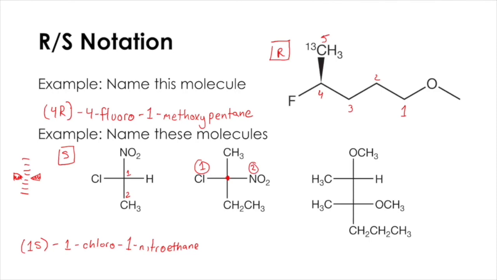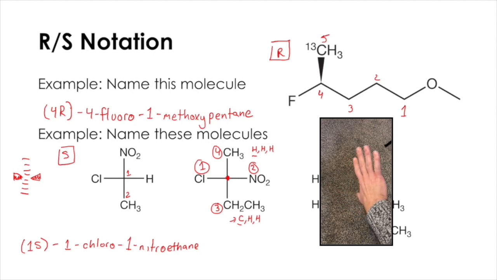nitrogen is 2, and now between methyl and ethyl, the first carbon has 3 hydrogens attached. The second carbon has a carbon and 2 hydrogens attached here. So comparing this carbon and that hydrogen, this group wins. So this is 3 and this is 4. And so now, because 4 is on a vertical bond, our thumb has to point away from us.